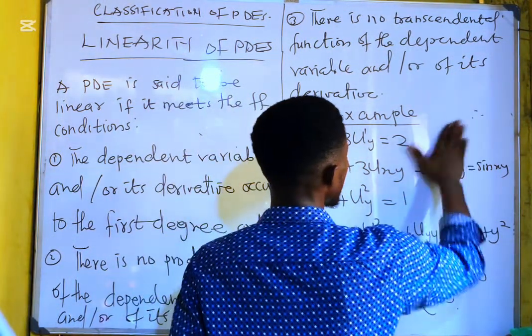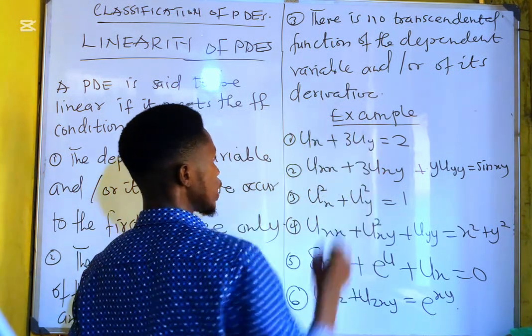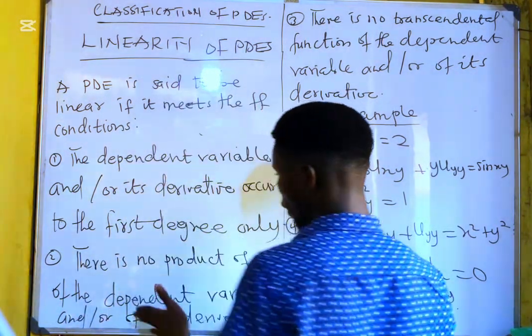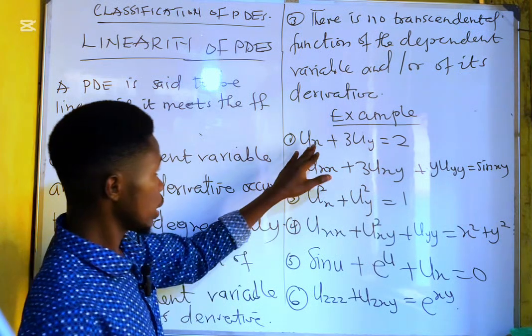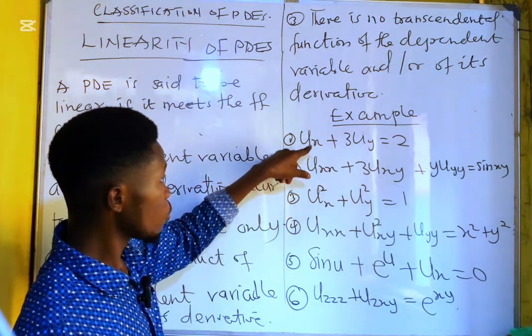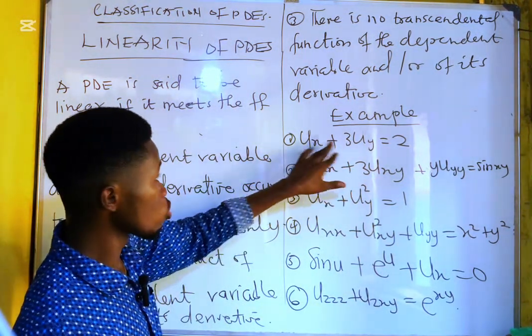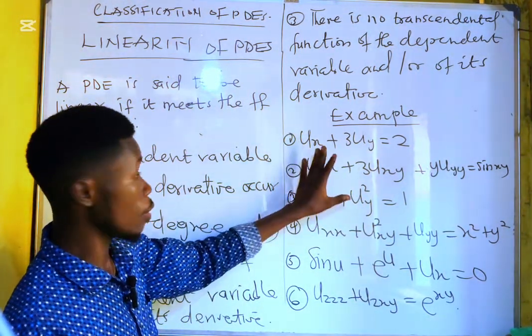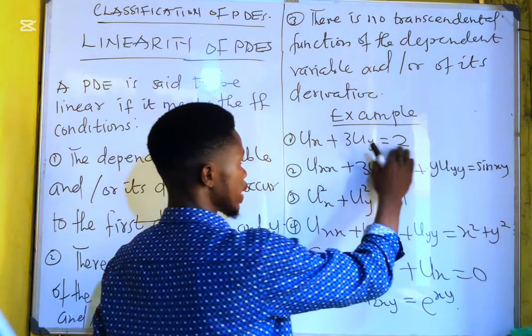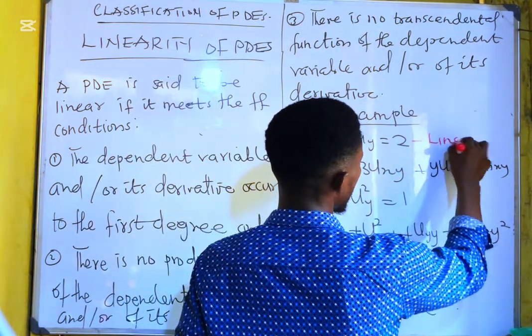Secondly, there's no product of the dependent variable and its derivative, and there's no transcendental function happening on the dependent variable. So this is linear.